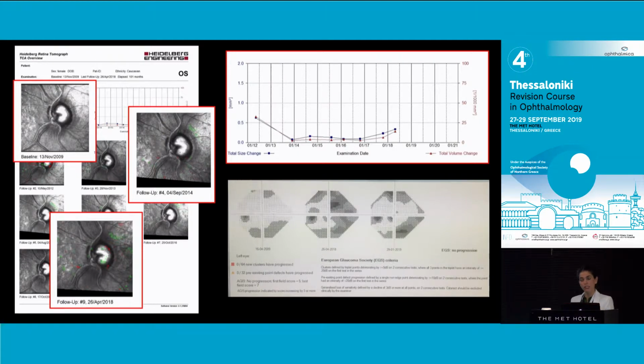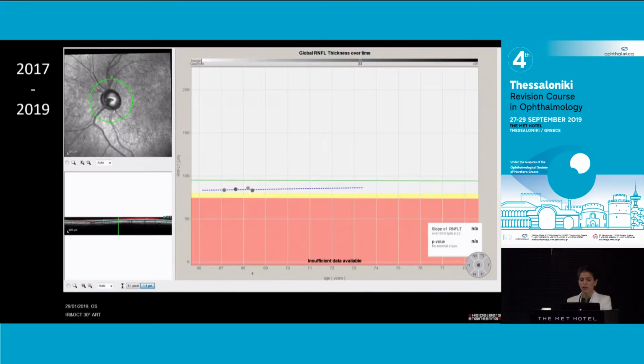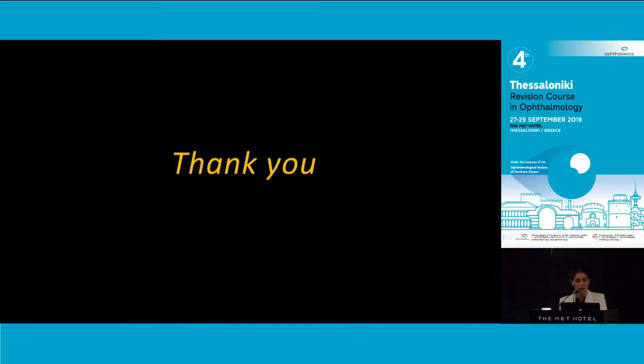They are very good guides, but you have to consider who this patient in front of you is. A patient who tells you that she hates the field, she is using drops, is very bad at it, says I'm not getting worse, I'm absolutely fine. Her pressure is good, there's nothing in the disc to suggest change, and the OCT is also flat. This patient has not progressed. Thank you very much.